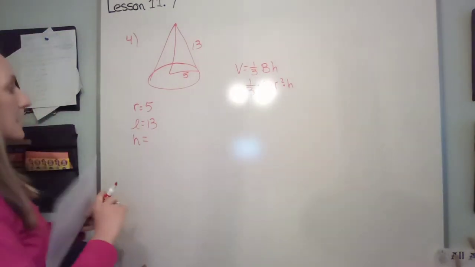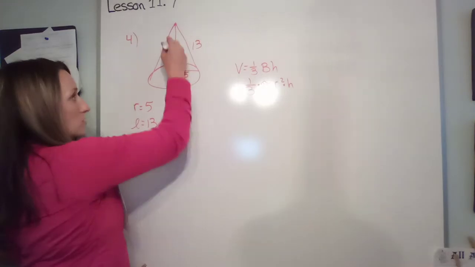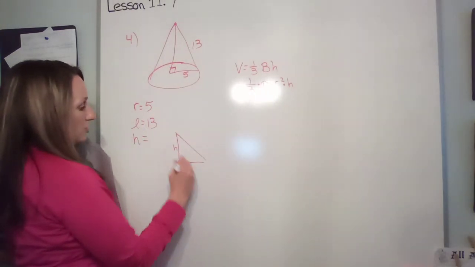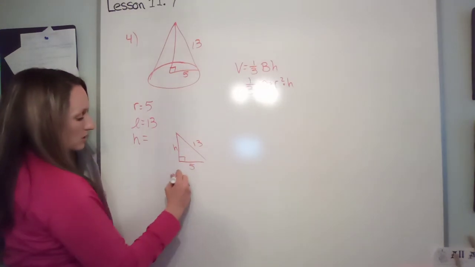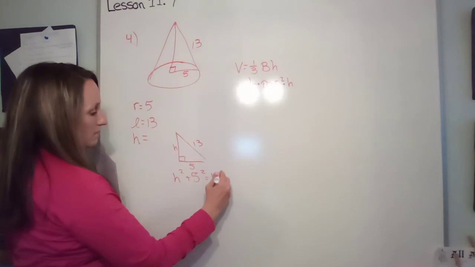Sorry, guys. Alright, so I don't know my height, but I can use the Pythagorean theorem to solve for the height. This is my h, 5, and 13. So this is going to be h squared plus 5 squared equals 13 squared.